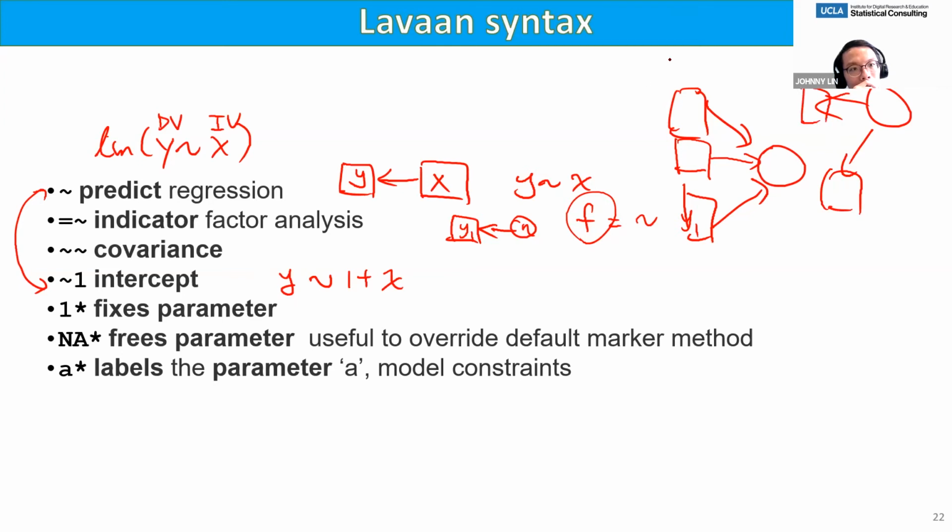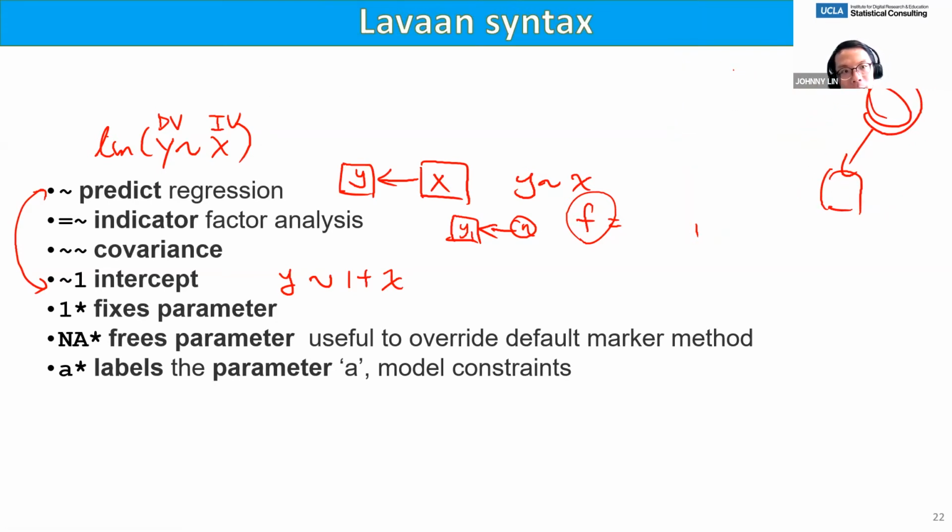Again, this is called formative, or I think it's called causal indicator. And this is the one we want to talk about, which is that the factor causes the items. So don't get the direction confused of which side goes into what side.